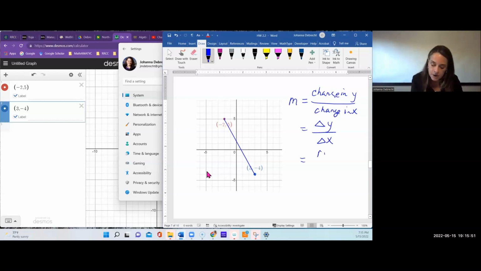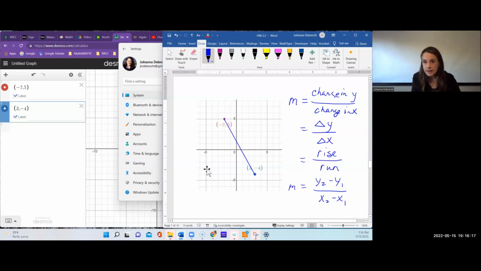It also goes by the abbreviation rise over run, because rise refers to the vertical change and run refers to the horizontal change. The formula for this is going to be y2 minus y1 over x2 minus x1. Or it could be y1 minus y2, but then it needs to be x1 minus x2.